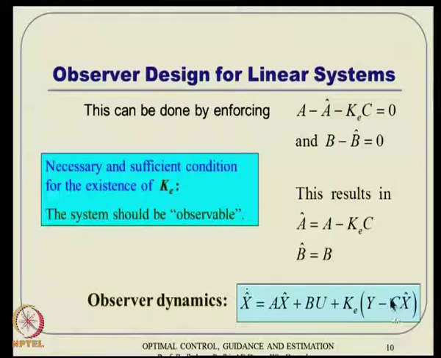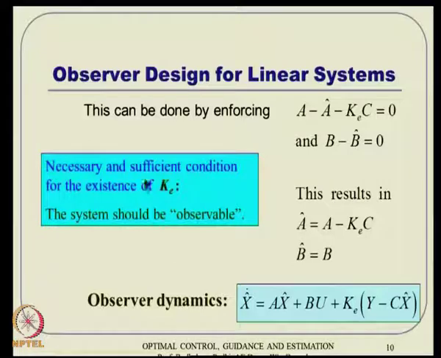This is the estimated or predicted output, and this is the actual output. The difference between them is some new information coming to this observer. If the difference is not there, then it is as good as the original plant.